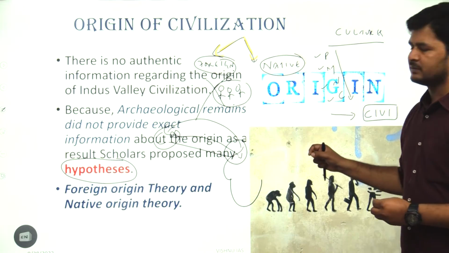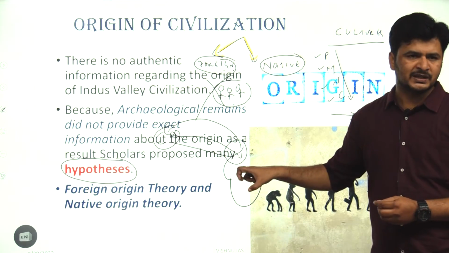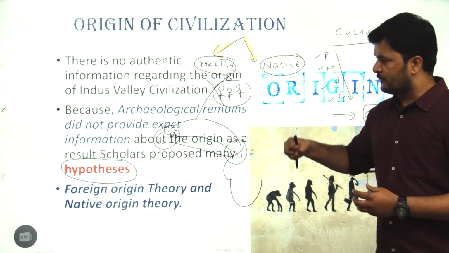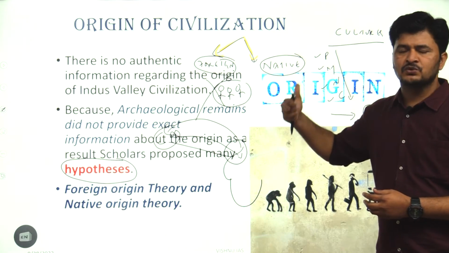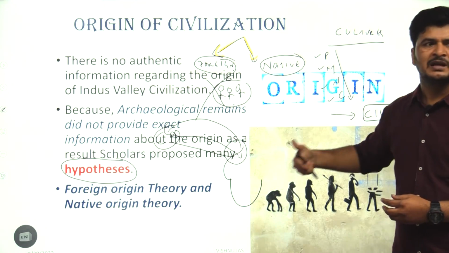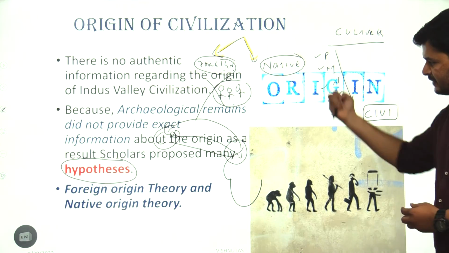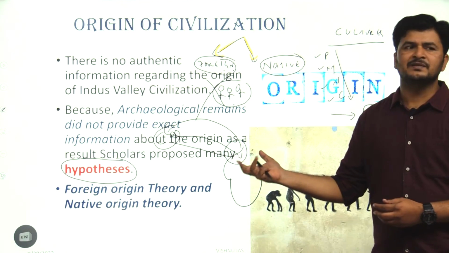So they argued that Indus people were native people, right? No second thought. Before civilization, they were associated with various cultures. And these cultures over a period of time assumed so many developments. That is the reason we branded these developments as civilization.